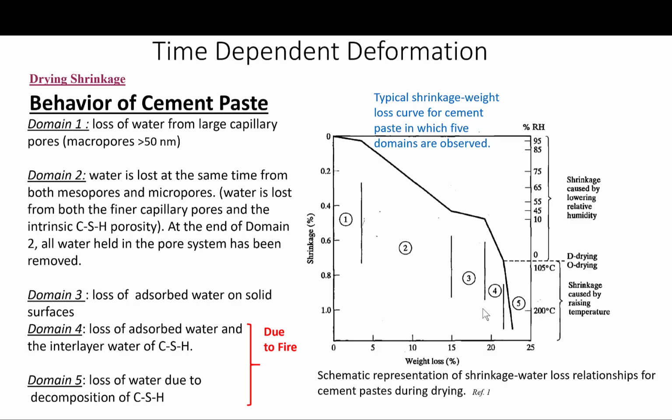Above this temperature, decomposition of the calcium silicate hydrate is responsible for the additional shrinkage observed in domain 5. Also, shrinkage in domains 4 and 5 will only occur in concrete exposed to fire, as you can see from the range of temperature that the concrete has to be exposed to in order for this shrinkage to take place.